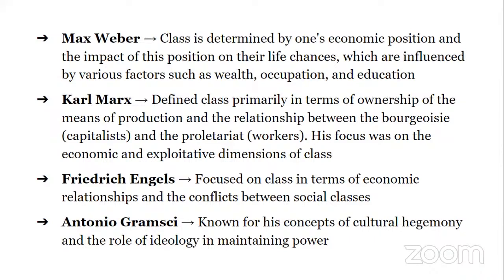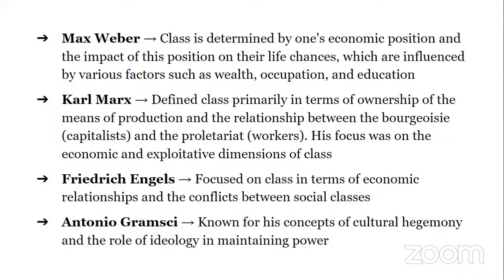Then Karl Marx defined class in terms of ownership of the means of production and the relationship between the bourgeoisie and the proletariat. Marx focused on the economic and exploitative dimensions of class.